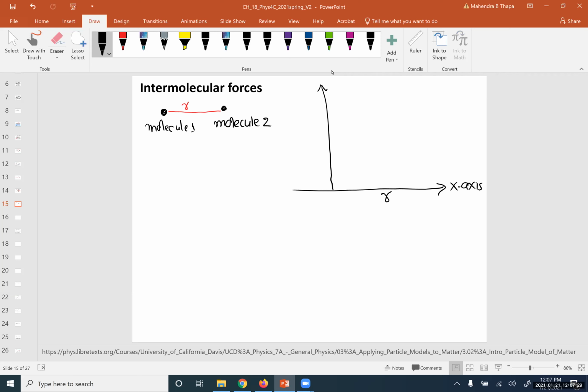So you see here, r is the distance between molecules, and here U is the potential energy. Potential energy means we are talking about electrostatics.